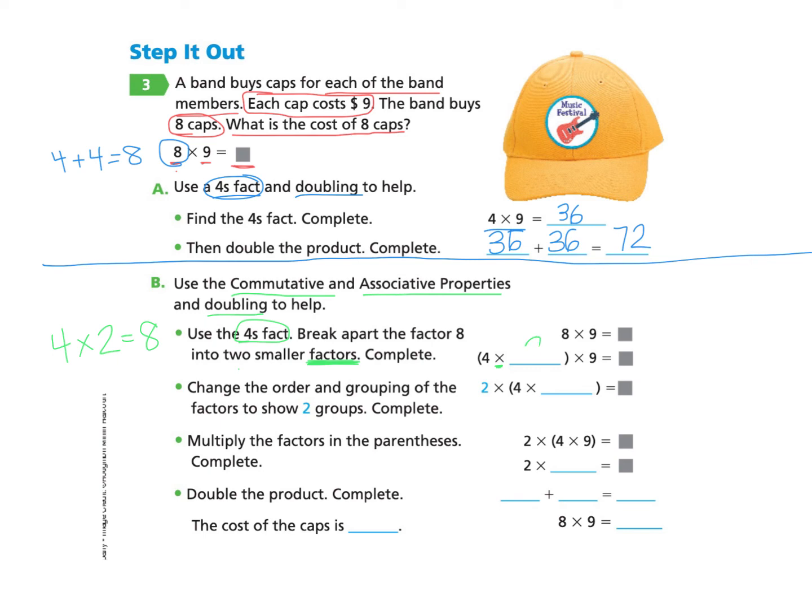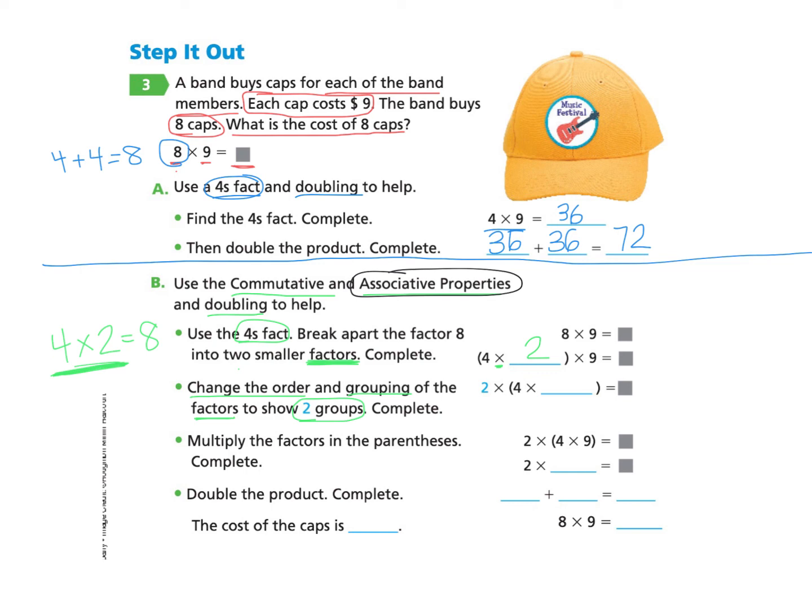So I'm going to write a 2 here so that I can replace the 8 with this multiplication problem using a fours fact. Now I will change the order and the grouping of the factors to show 2 groups. This is the associative property, which tells me that when the grouping of the factors is changed, the product remains the same.